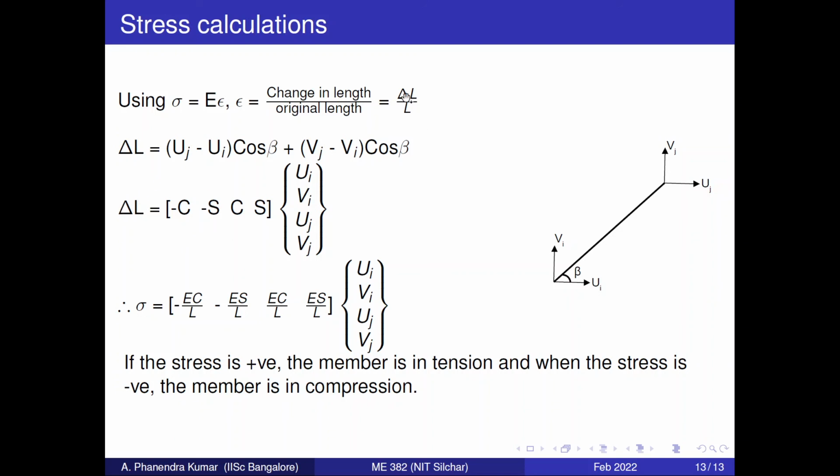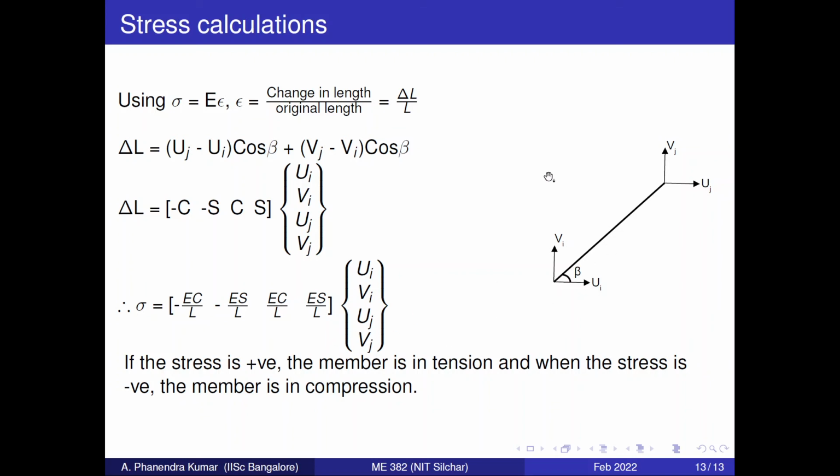So we know the delta L part. How are we going to find the stress? Stress is equal to E by L into delta L. So E by L will be multiplied to each of the elements here. So EC by L, ES by L, EC by L and ES by L. These are the displacements. So we know how to evaluate the displacements for an element.